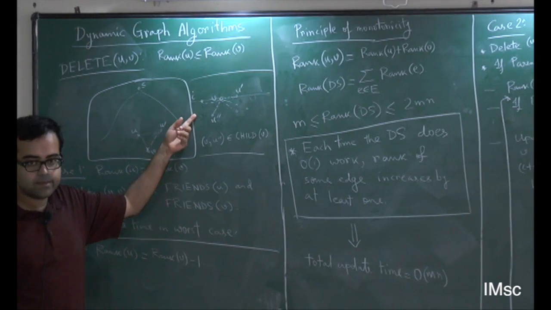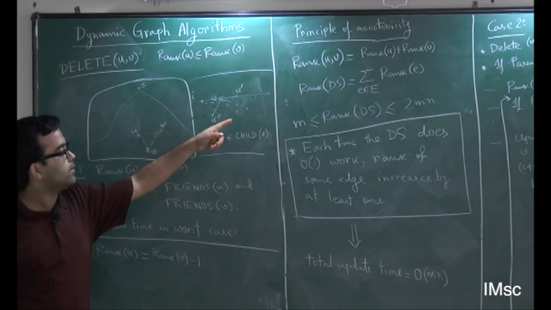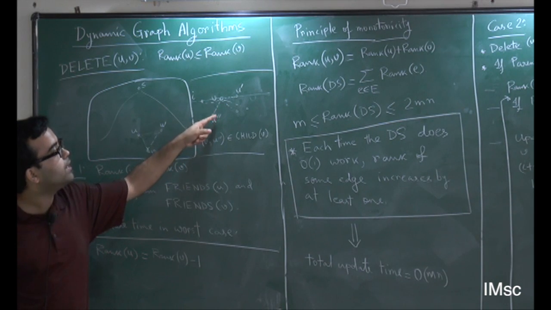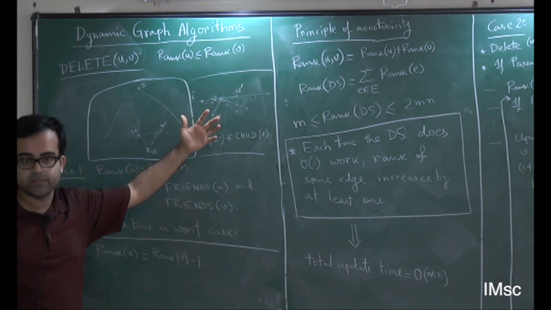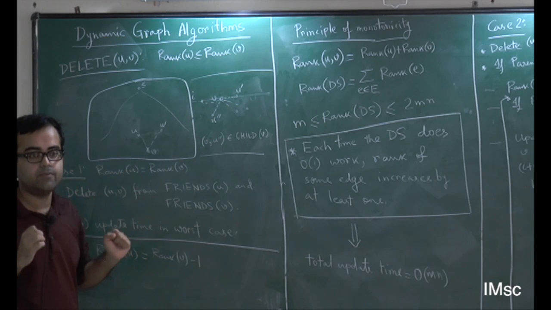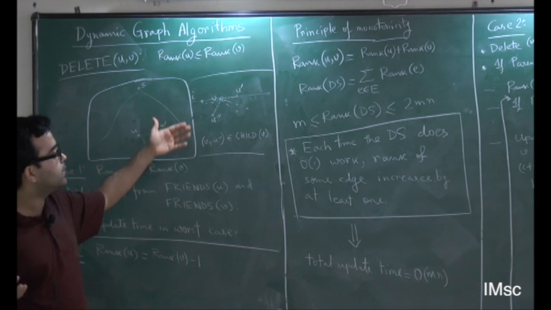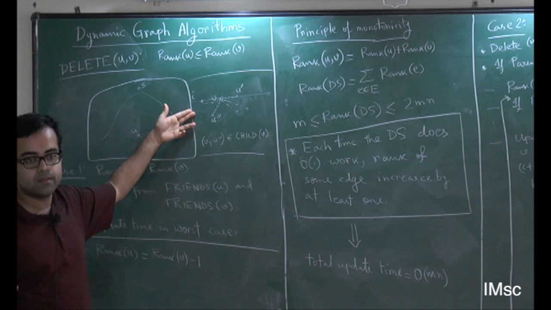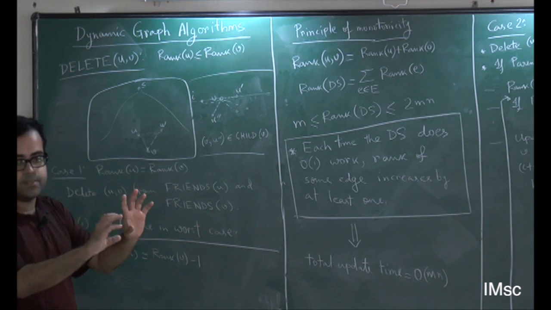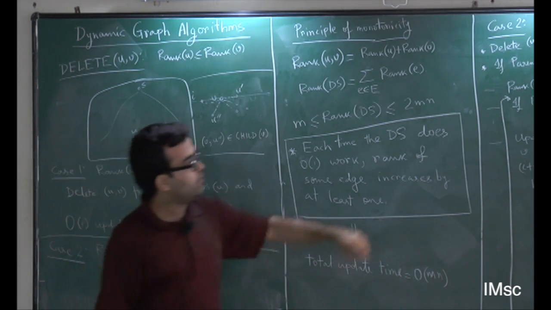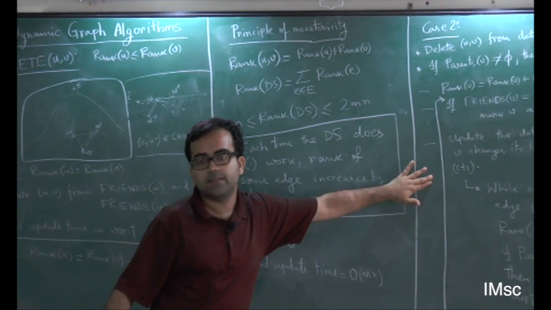Potentially V is dirty and all its children who only had V as a parent, they are also dirty. So, now you need to deal with dirty nodes in level I plus 1. And how will you deal with them? You will just consider them in sequence and deal with them exactly in this fashion.